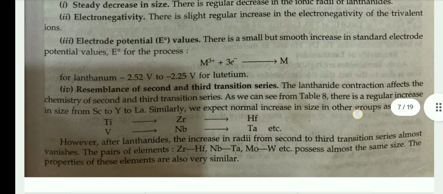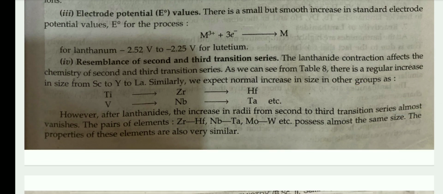Resemblance of second and third transition series. The lanthanoid contraction affects the chemistry of the second and third transition series. As we can see from the table, there is a regular increase in size from scandium to yttrium to La. Similarly, we expect a normal increase in size in other groups.